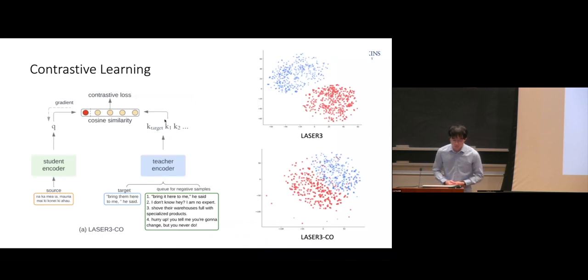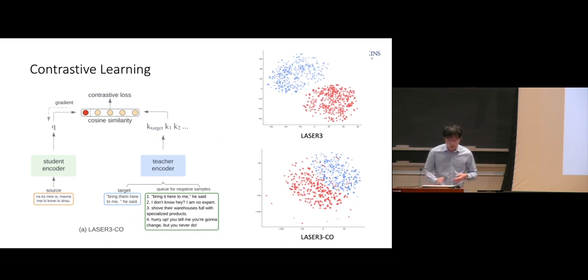So now for the contrastive learning approach, we basically use the student encoder to encode the source sentences into a high dimensional representation Q, and use the teacher to encode the target as K target, and encode other samples, those negative samples, as K1, K2, all the way through the other target samples.